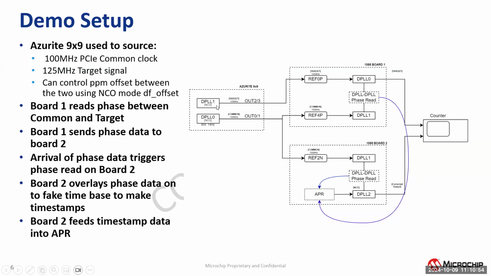So using this setup, I was able to control the offset between the common clock and the target frequency, and I was also able to control the offset of the local oscillator of board 1 and board 2, just to make it sort of a realistic scenario as far as frequency offsets.